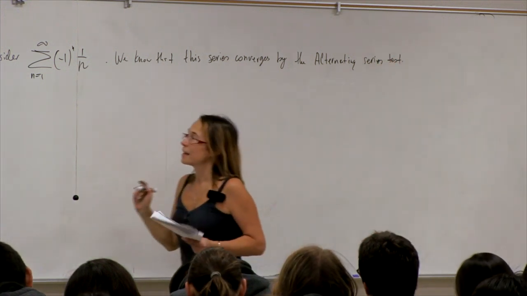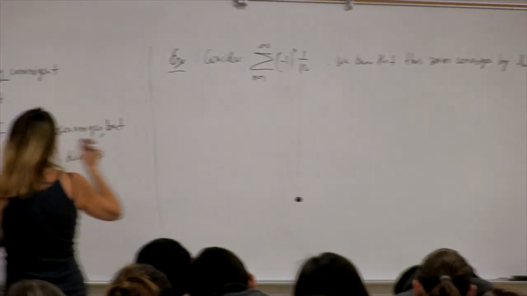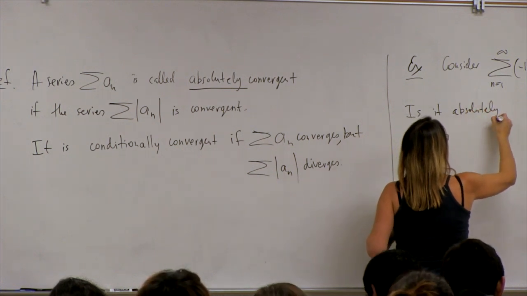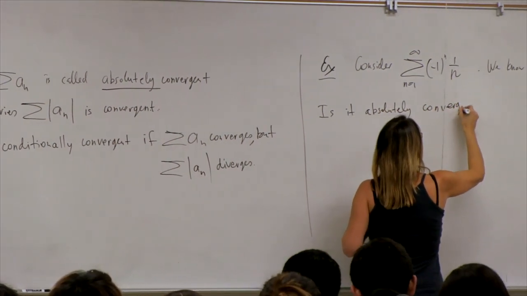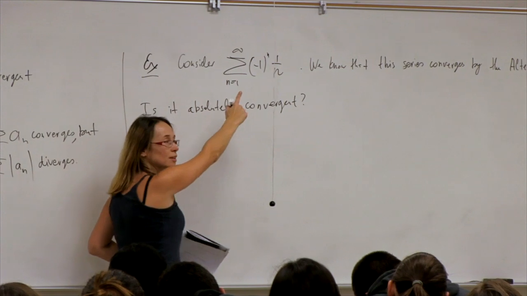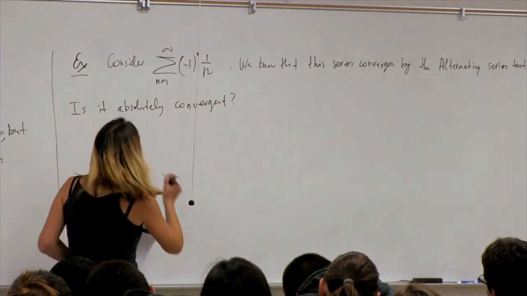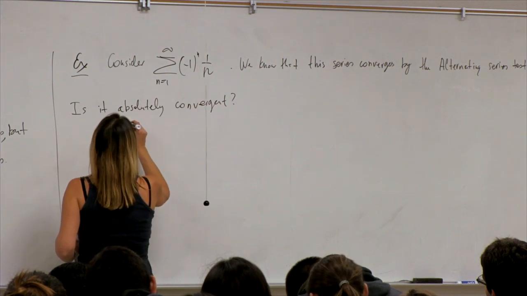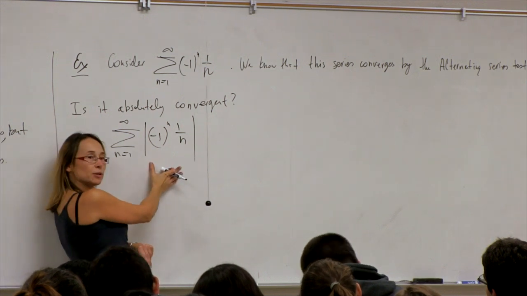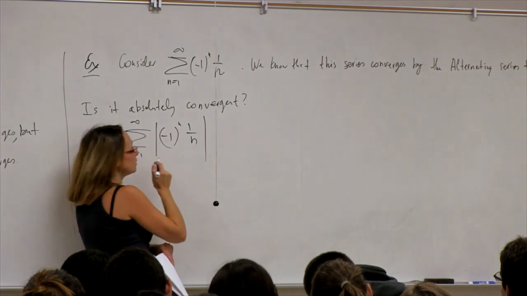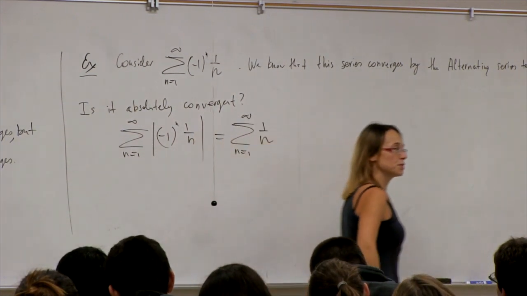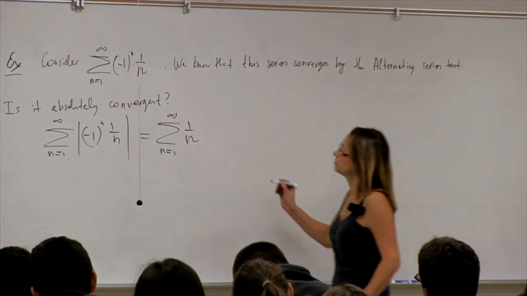So the question is, is it absolutely convergent? To answer this question, we have to put an absolute value on each term a_n. So we consider this. Whenever we have the absolute value sign, we can ignore (-1)^n. So this is the same as 1 over n, and of course, this is the harmonic series that diverges.